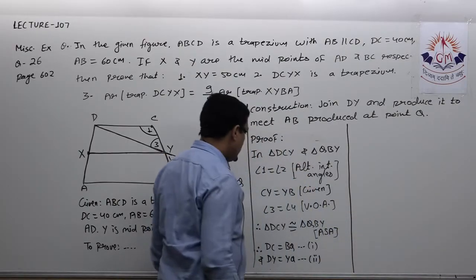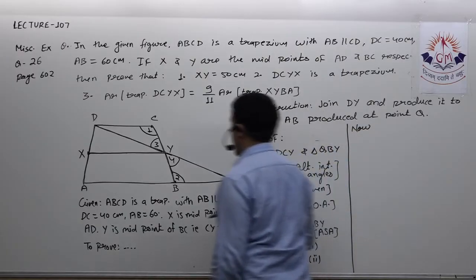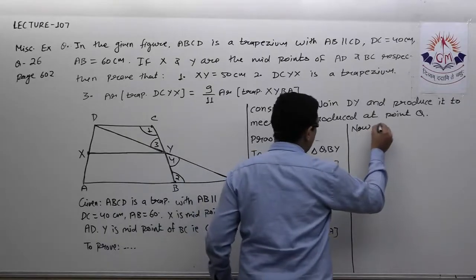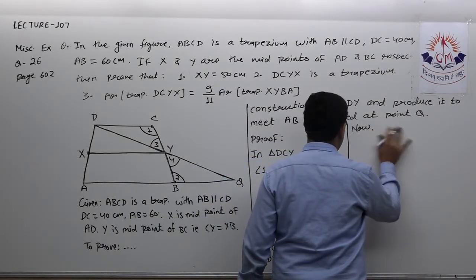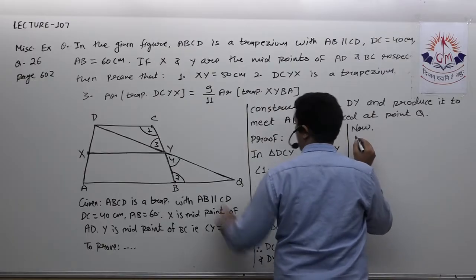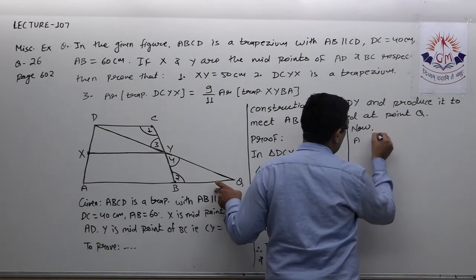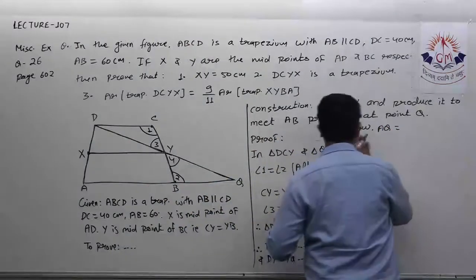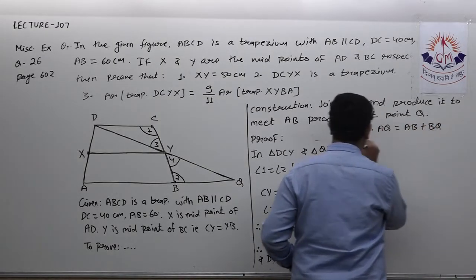Now further, see, DC equal to BQ. Now I need to find length AQ. AQ is equal to AB plus BQ.